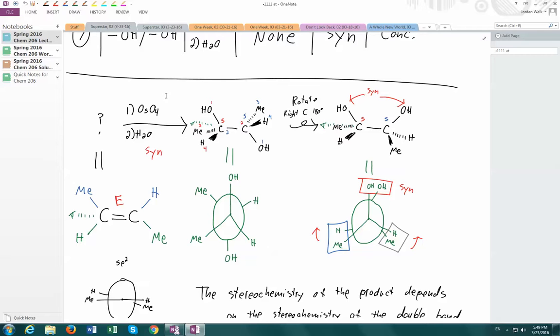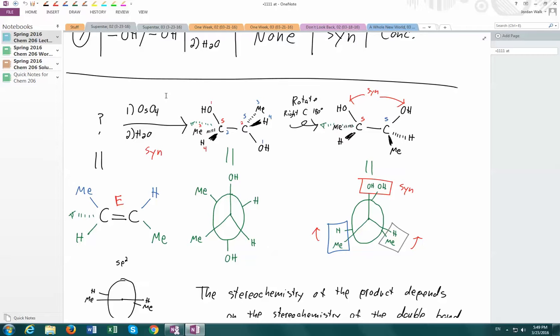And so likewise, the things on this side are going to be pushed down. What you can imagine is, if we just ripped off the OH groups and went right back to an alkene, these things are going to snap back up to the side. And so ultimately, that is this alkene right here, right?